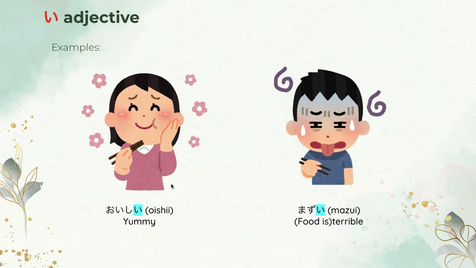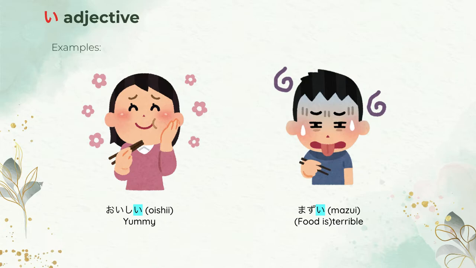If I wanted to say yummy in Japanese, it will be おいしい. And versus on the terrible side, it will be まずい.